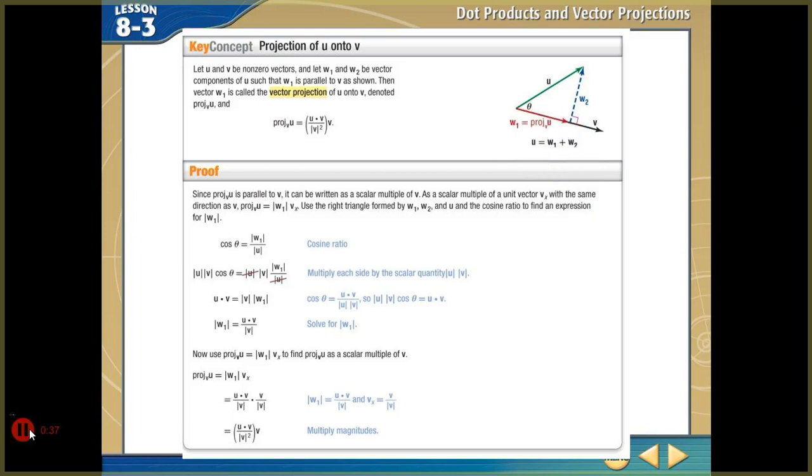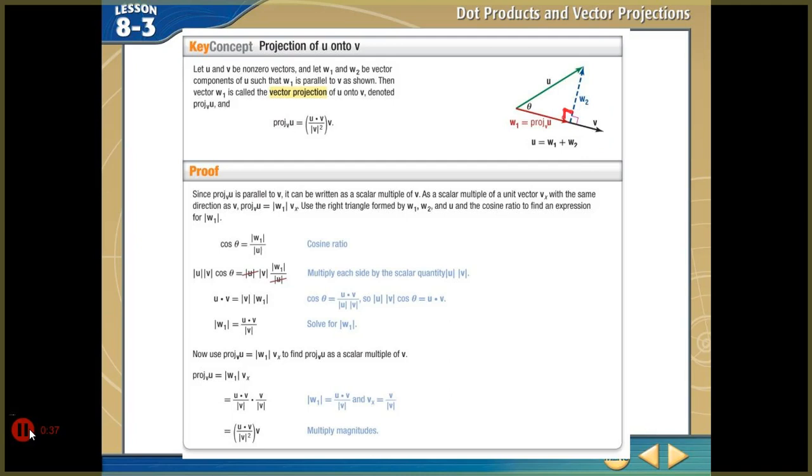Same idea if we were to shade in all of the pieces that were straight down. If we were to project that light down, we can see that we get that red vector there as our projection. There are different ways that you can think about the formula. One way is by using right triangle trigonometry. We can see here that this is a right angle, which means that we can figure out algebraically with our trig what this looks like.